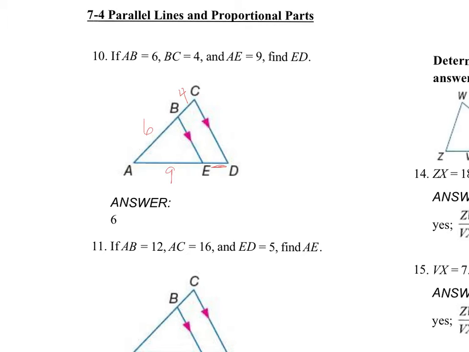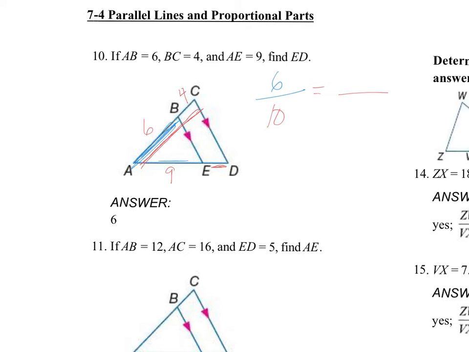So what we're going to need to do is, if we look at this part here, 6, that is going to be proportional to this whole distance here, which is going to be 10.